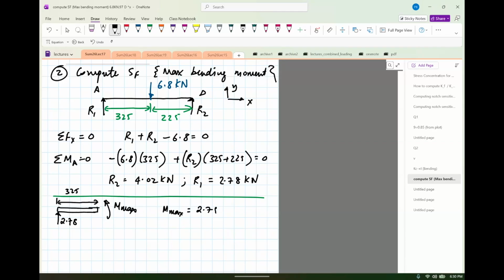So M max is 2.78 kilonewtons, so 10 raised to 3, times 325 millimeters. When you convert millimeters to meters and kilonewtons to newtons, you just end up doing 2.78 times 0.325. What I did was I eliminated kilonewtons with millimeters, so 1000 cancels with the 1e negative 3 for millimeters. So M max comes out to be 903.5. Sorry, the units really don't matter here, we'll just keep it in millimeters.